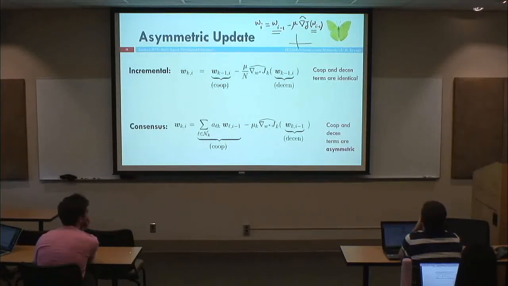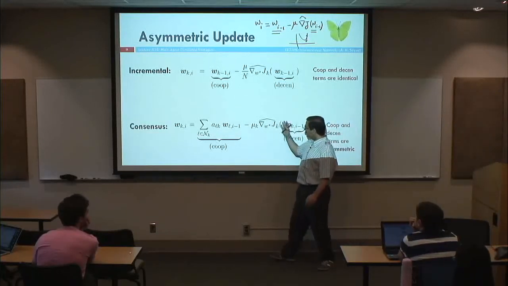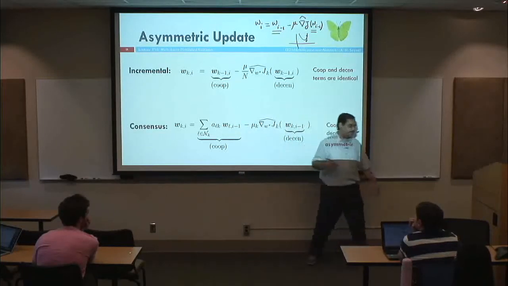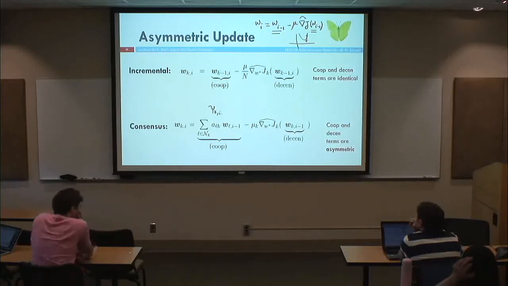So for example, for quadratic costs, if you are here, then you will move along the negative direction of the gradient at that point to a new point, right? This is not happening in consensus. In consensus, you can look at this. Remember, I call this psi_{k,i-1}, right?